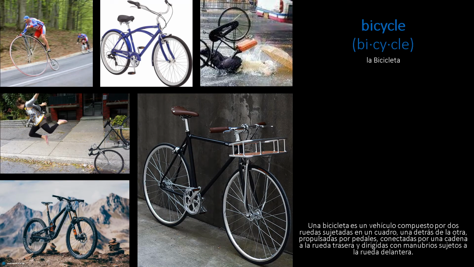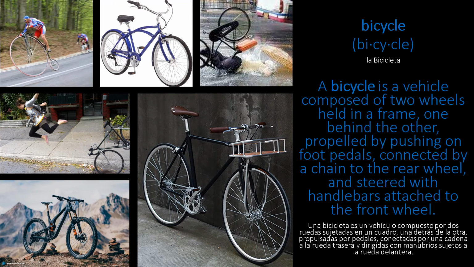Bicycle. A bicycle is a vehicle composed of two wheels held in a frame, one behind the other, propelled by pushing on foot pedals, connected by a chain to the rear wheel, and steered with handlebars attached to the front wheel.